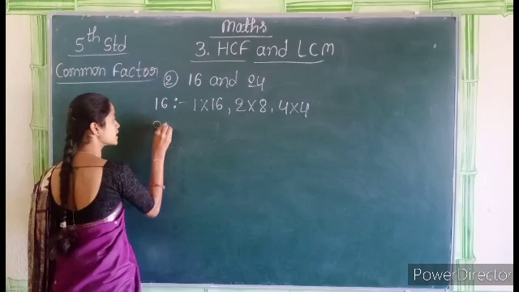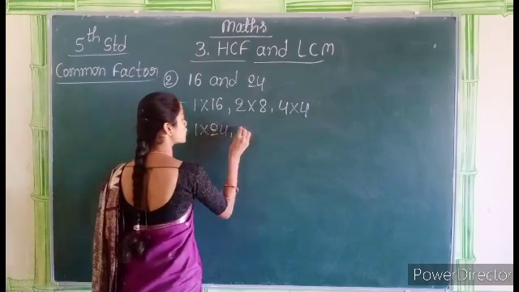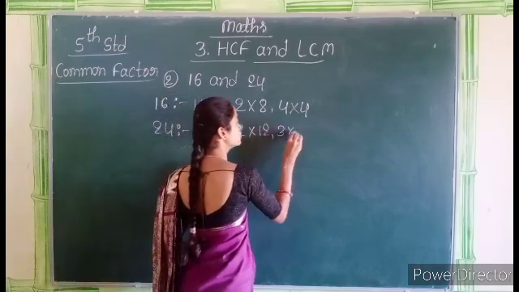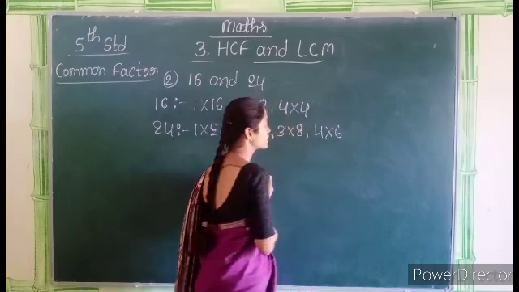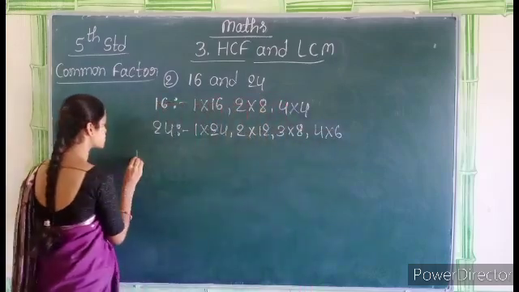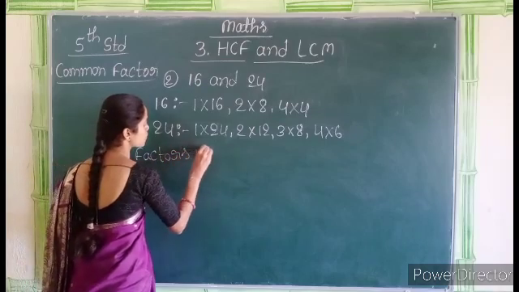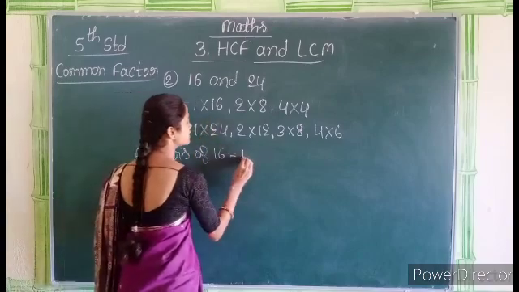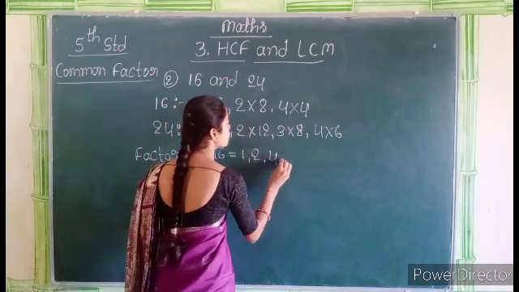Again 24. 1 into 24, 2 into 12, then 3 into 8, 4 into 6. Right. So factors of 16 are 1, then 2, 4.